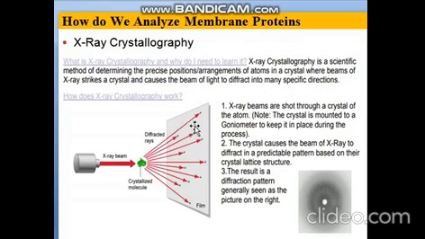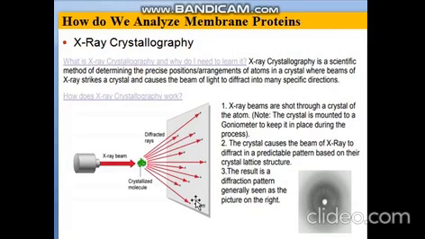Based on this data, the scientists make a prediction of what the pattern of this crystal could be. Using this information we can also know the shape of the molecule, the structure of the protein molecule, right?